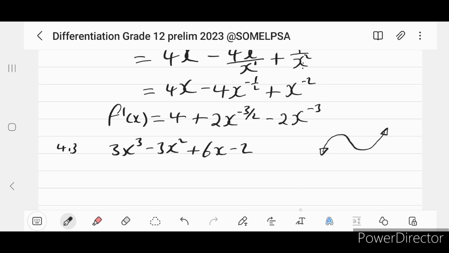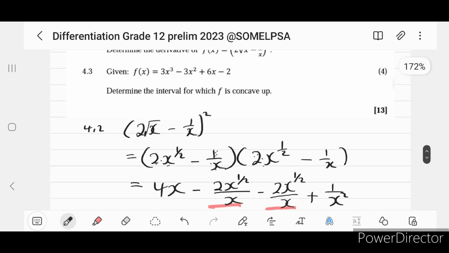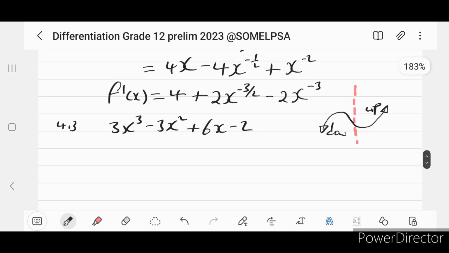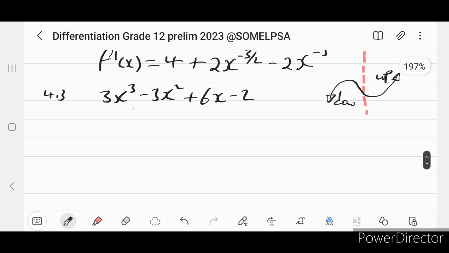It's an increasing function. So for us to do the concave up, we must find the point of inflection, of which that side is up, this side is down. So they want the side that is up. So I must derive this twice.